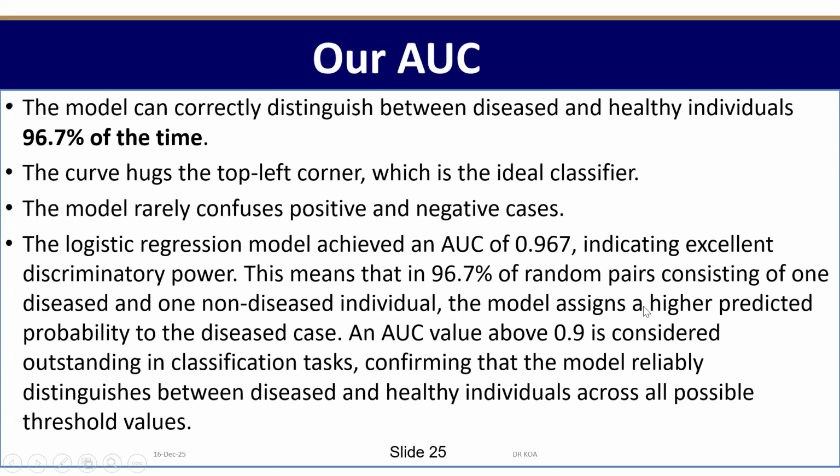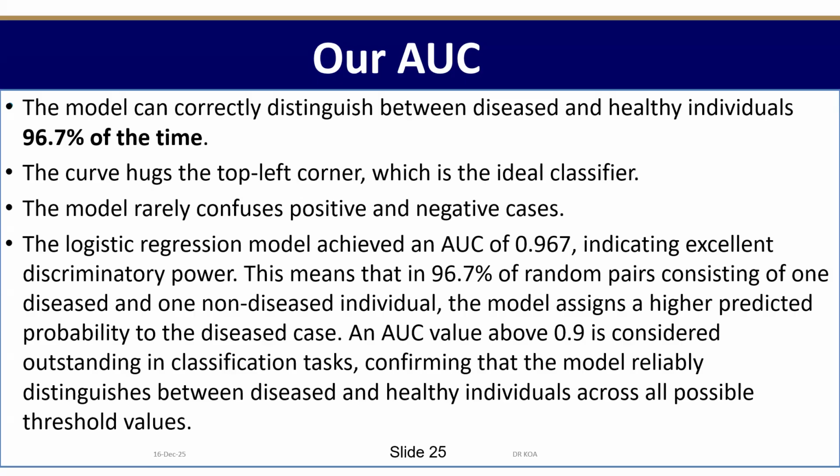An AUC value above 90% is considered standard in classification tasks. I've already said this, confirming that in our case, our model reliably distinguishes between disease and healthy people across all threshold values. So this is one way to determine the power of your model. And you can see that so far, our model is doing well.